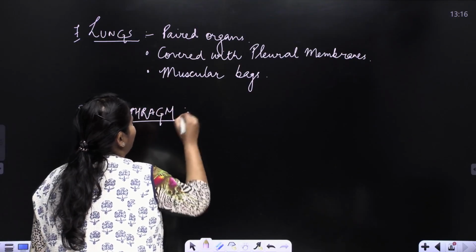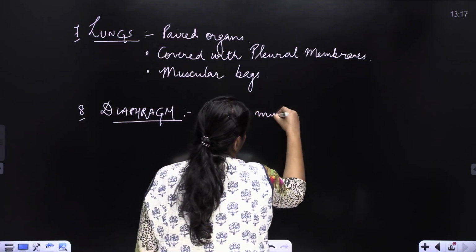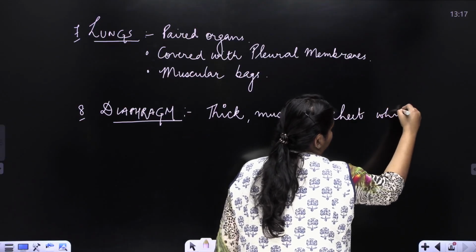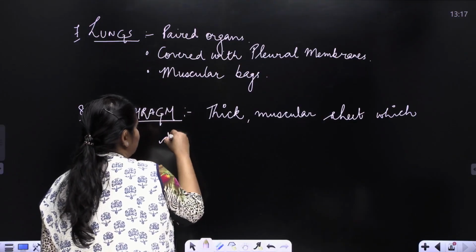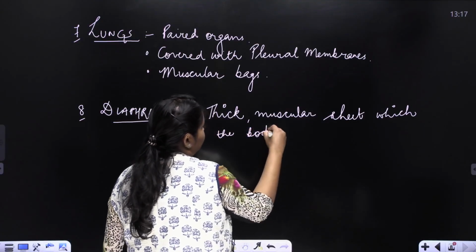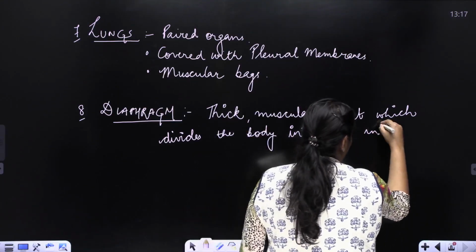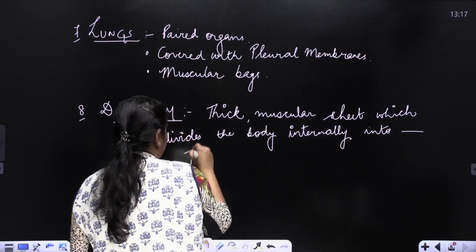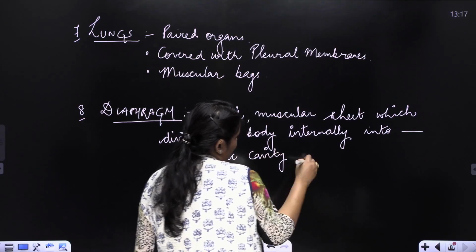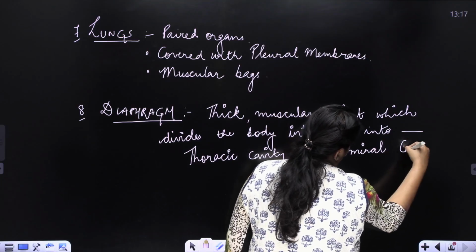When I say the diaphragm, diaphragm is a thick muscular sheet which divides the body internally into thorax or the thoracic cavity and abdominal cavity.